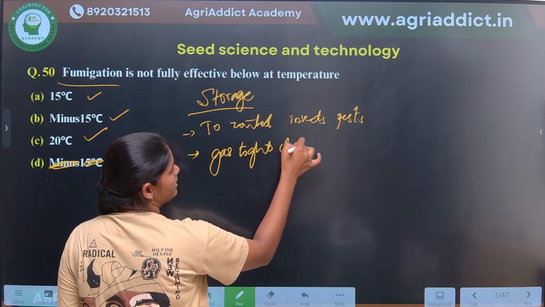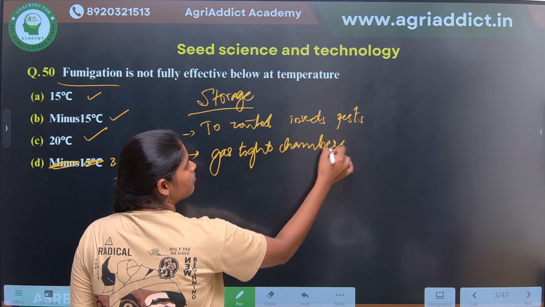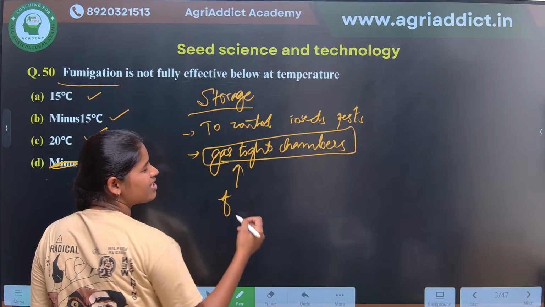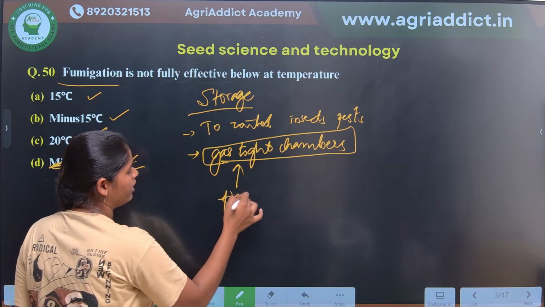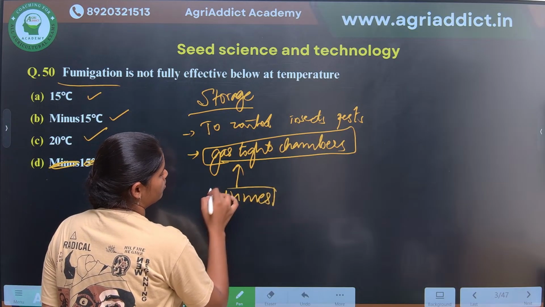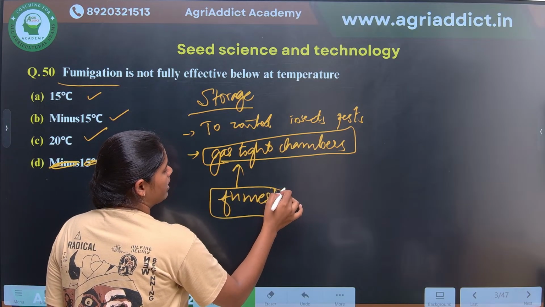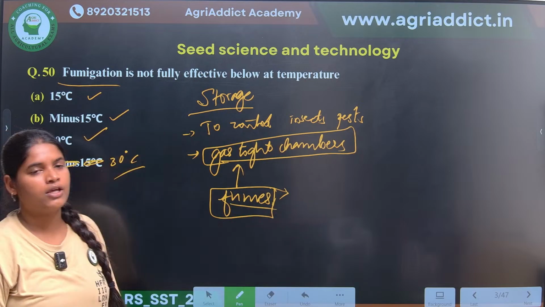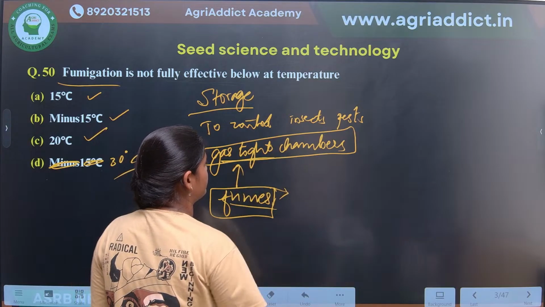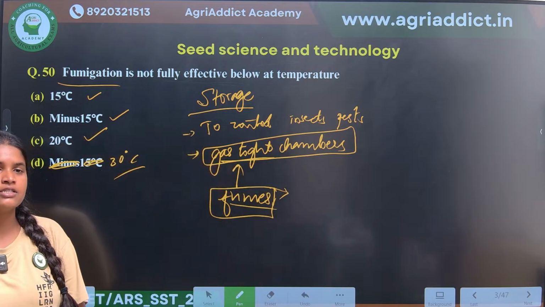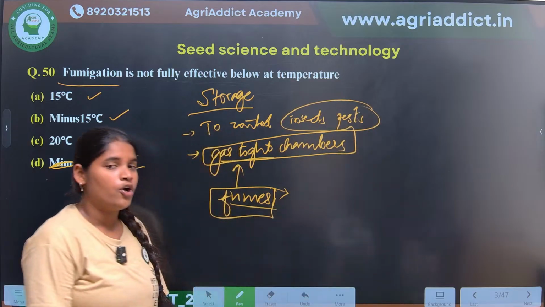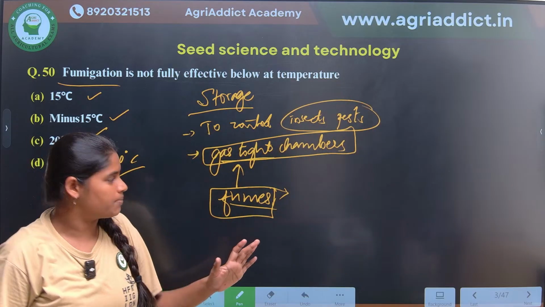Why gas tight chambers only? Because fumigation means, the name itself indicates, we are doing it in the form of fumes. Just to not let these fumes escape from the room, we are doing it in a gas tight chamber. But at what temperature is it effective? Why is fumigation usually done? For insect pests. To know this, you have to know the concept.